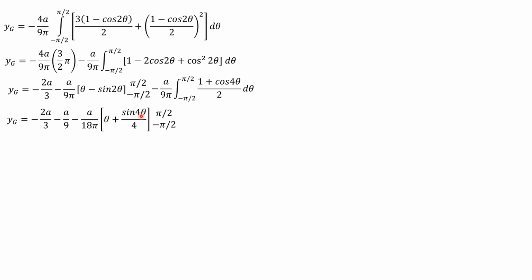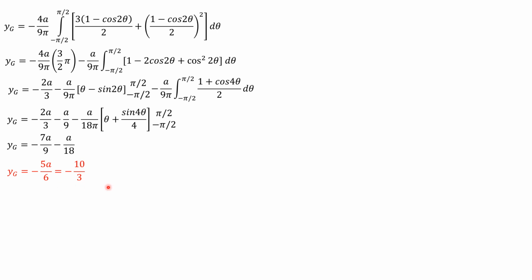This is 0 again because sine of 4 times pi over 2 is sine of 2 pi, and sine of 2 pi is 0. Sine of 4 times negative pi over 2 is sine of negative 2 pi, which is also 0, so don't mind this. So finally, yg is negative 2/3 a, negative a over 9, that's negative 7 over 9a, then minus a over 18. Final value, yg is negative 5/6 of a in general, but because a is 4, negative 5 times 4 over 6 is negative 10/3.